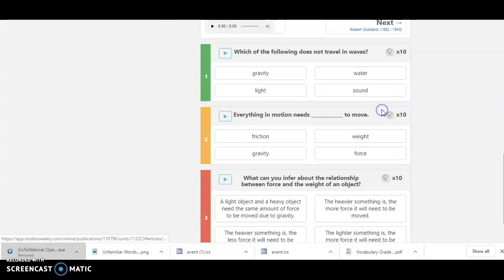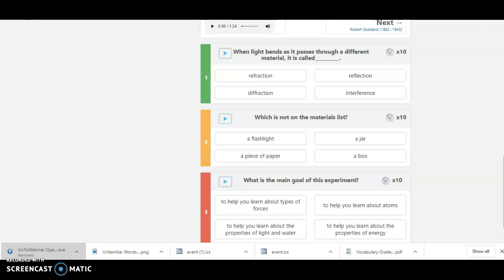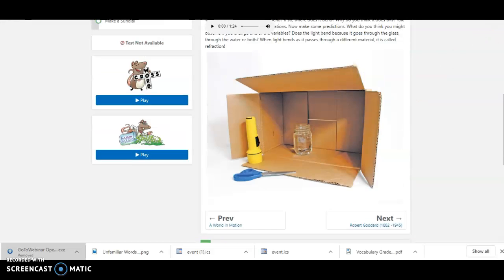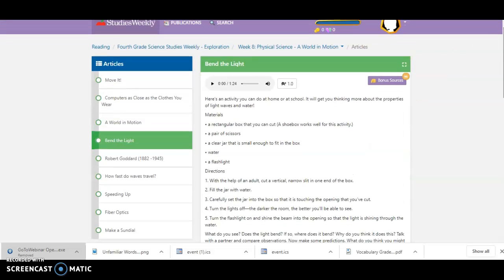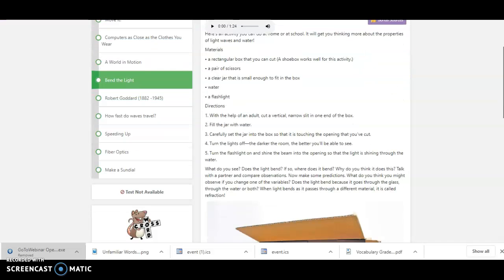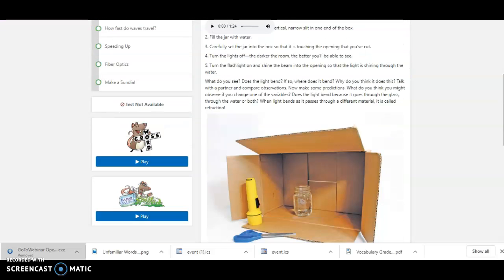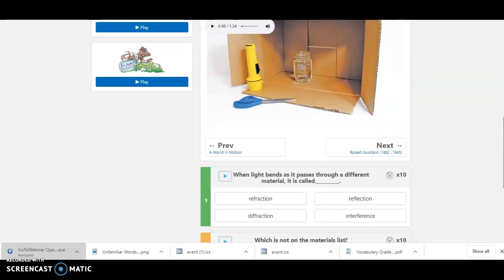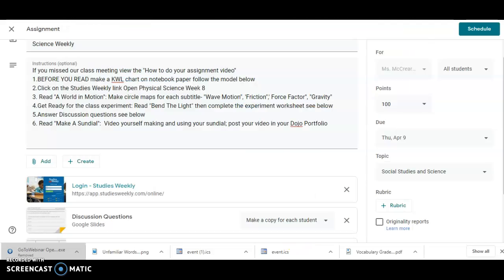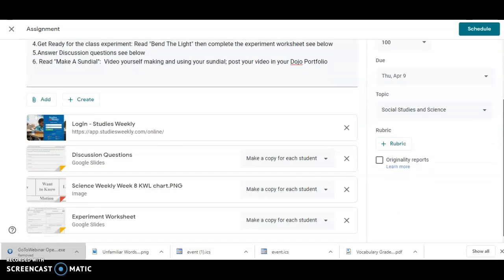We're not going to read it, but there, I'm scrolling too fast. See? Bend the Light. You're going to read over this. Answer your questions and get your coins. And you're going to complete the experiment worksheet. It says see below. So let's see below. Experiment worksheet.